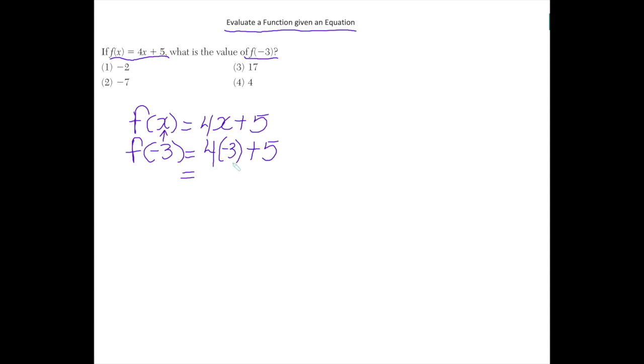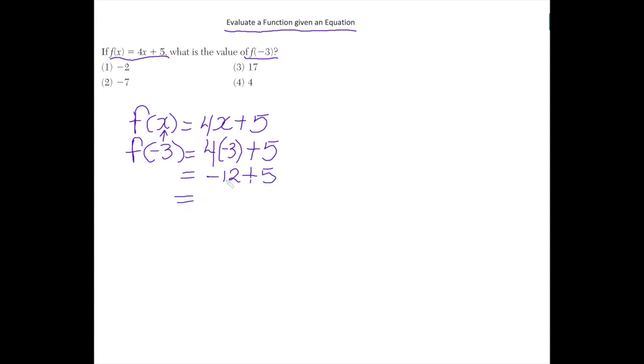So we have multiplication and addition. You must remember from the rules of order of operations, multiplication will go first. So 4 times negative 3 is negative 12. Remember your rules of multiplying integers. A positive times a negative will give you a negative. And now we must add 5.